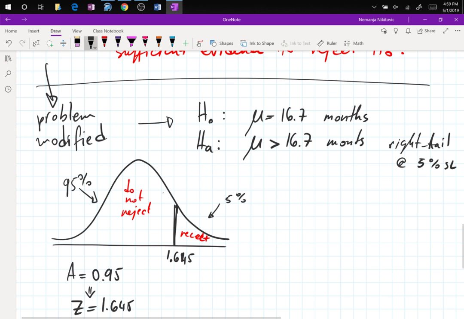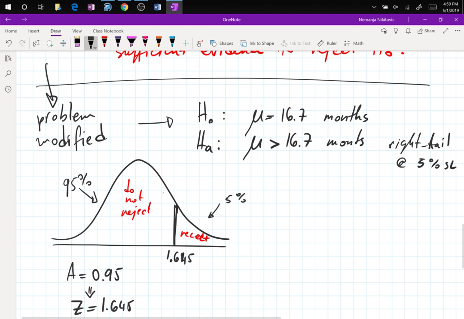Aha. 0.9495, 0.9505. They are the same amount away from what we need. So we have to take the average of the two z-scores that we get from here. So that's going to be 1.64 and 1.65. When you average them, you get 1.645, because you're looking for the middle.